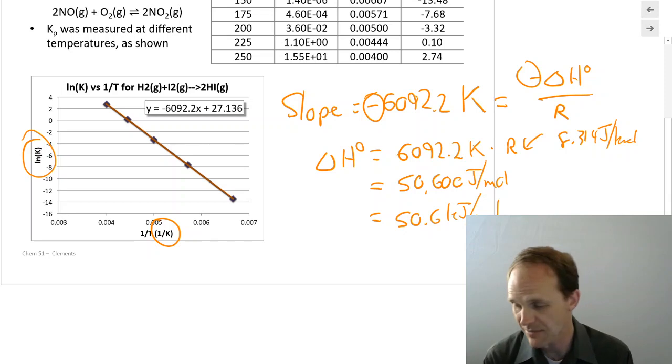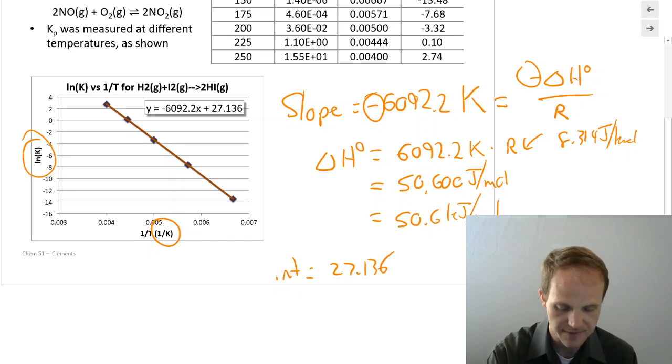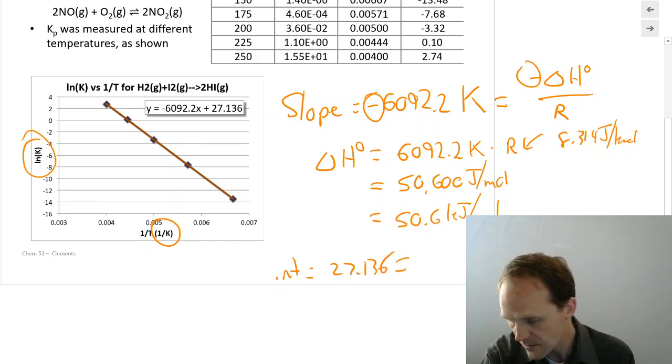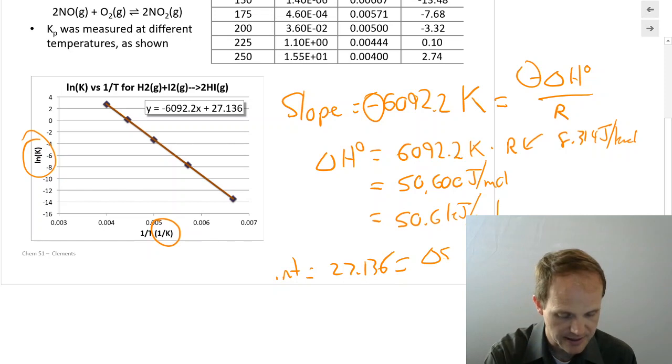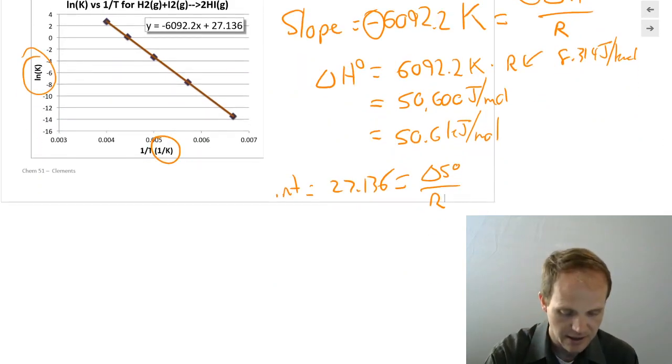I can also do the same thing for delta S. My intercept is 27.136, and that's equal to delta S naught over R. It has no units because it's the intercept, and the y-axis has no units.